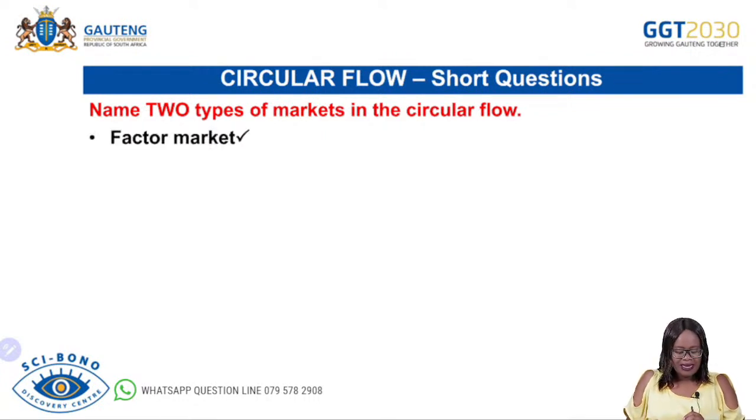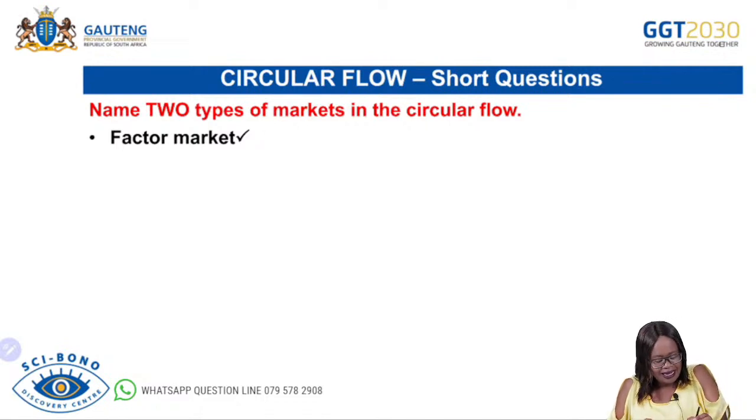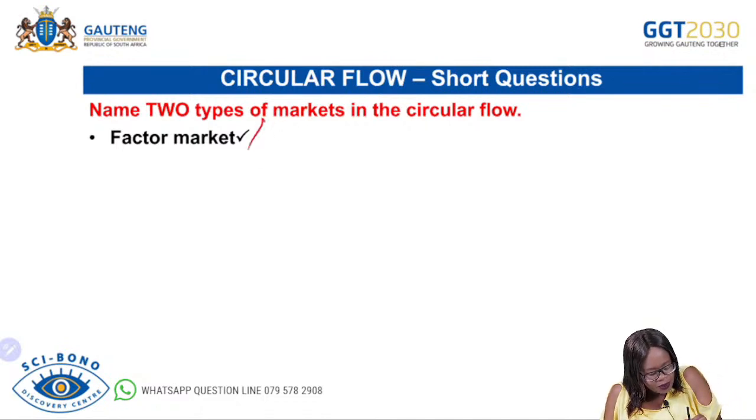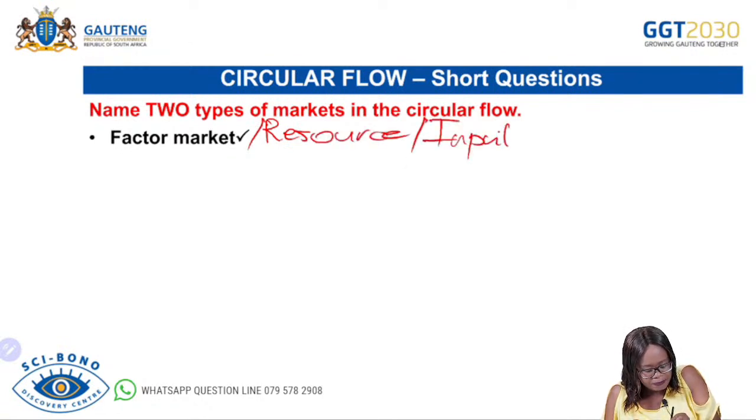Now, good people, one of the markets that we may make mention of here is going to be the factor market. Remember that with the factor market, we may also refer to this market as a resource market or an input market. Let me just quickly jot them down. We say it could be a resource market or an input market.